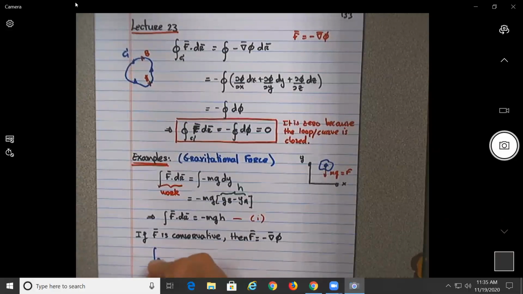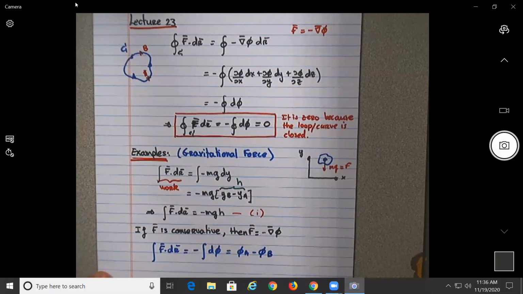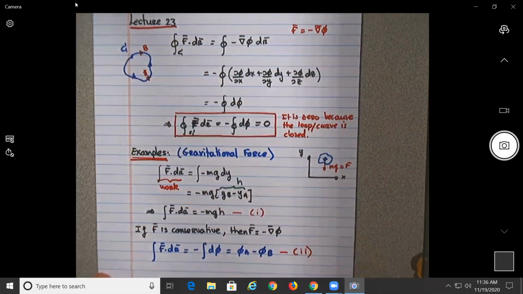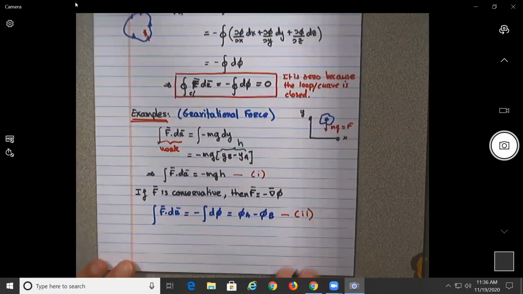We have the integral of F dr. So I'm using this expression here, which should be equal to what? Minus the integral of d phi, which should be here equal to minus phi of b minus phi of a. Sorry, I put yb. Well, this is a minus sign, so it should be minus, phi of b minus phi of a. Okay, I mean, we could do it differently, but we're probably going to do it the other way as well for validation.